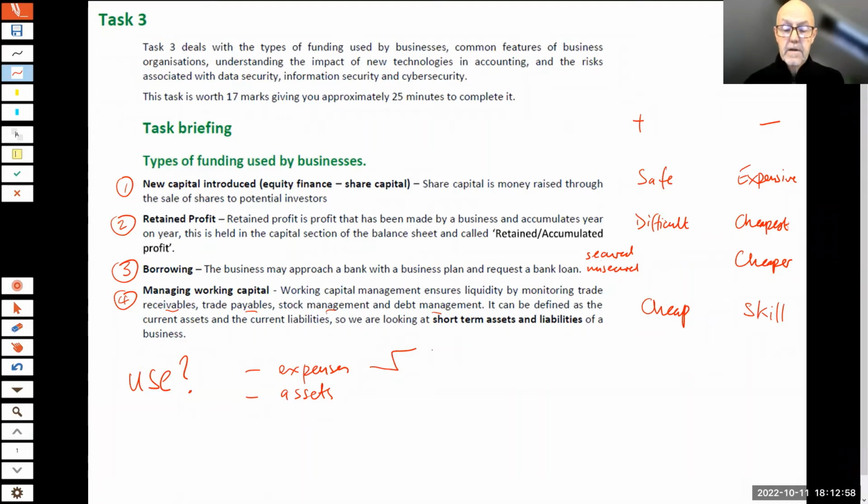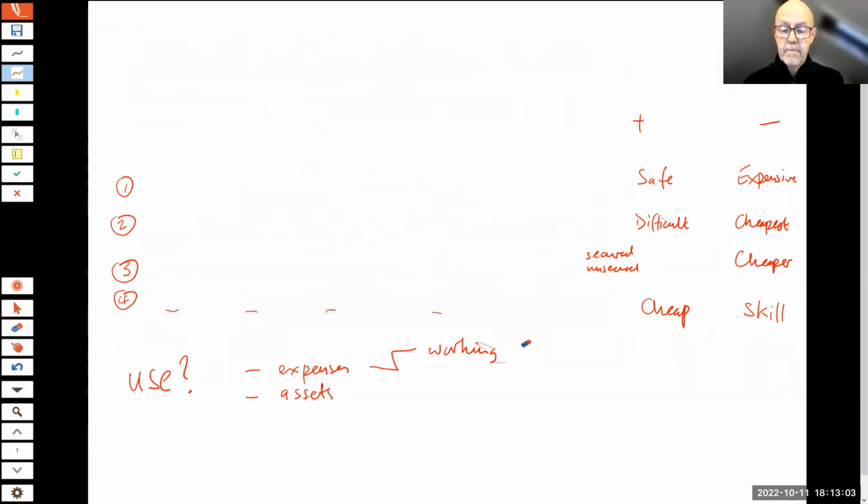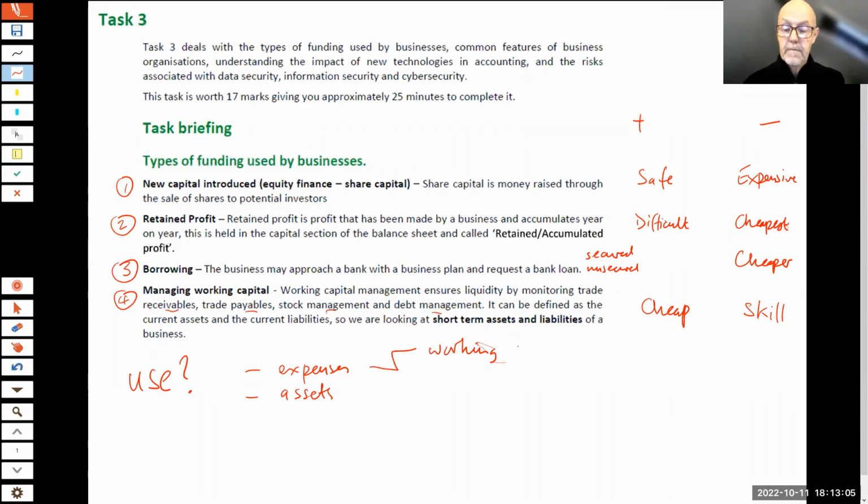Expenses, we should link to working capital. And of course, one that does include a type of loan, which is an overdraft. The idea is that that's temporary money that comes in and out. When we buy assets, in any analysis that we're asked to make of funding needs, we should associate those with a term loan.